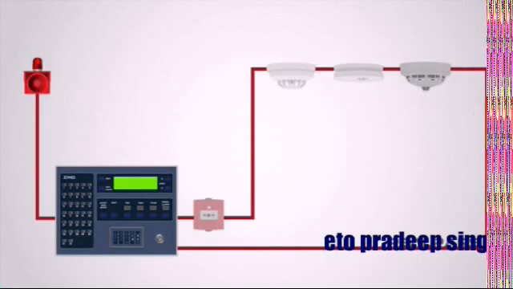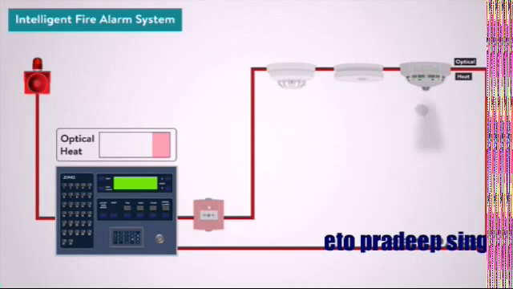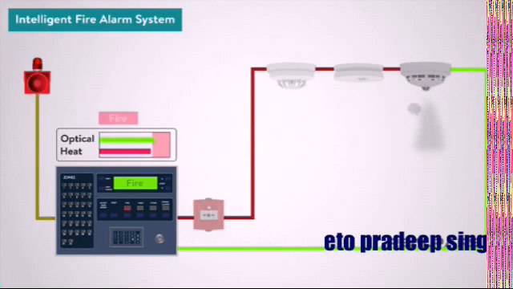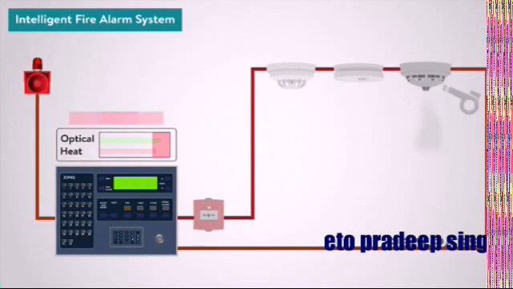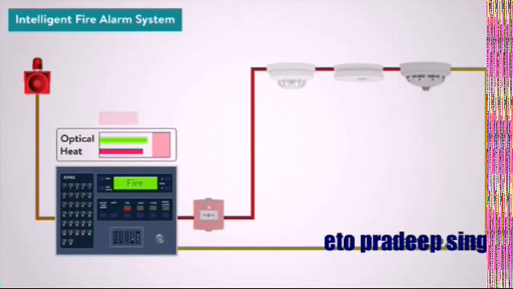However, in our next type of system, which is an intelligent fire alarm system, each detector effectively incorporates its own computer, which evaluates the environment around it and communicates to the control panel whether there is a fire, fault, or the detector head needs cleaning. Essentially, intelligent systems are far more complex and incorporate far more facilities than conventional or addressable systems. Their primary purpose is to help prevent the occurrence of false alarms.